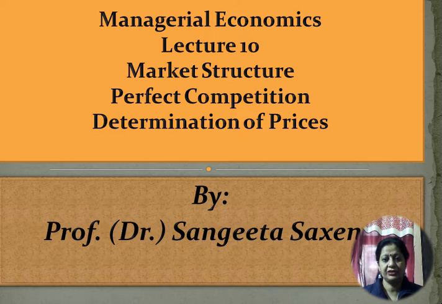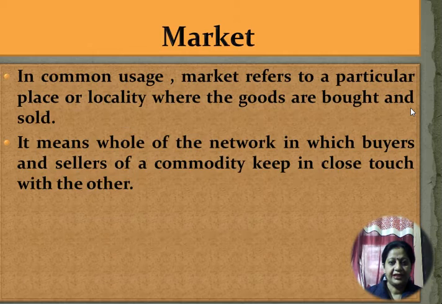In this lecture we are going to have a detailed discussion of market structure, perfect competition and determination of price, that is, in any market situation how the prices are determined and what the criteria are for determining the price of the commodity. So let's proceed with the lecture.